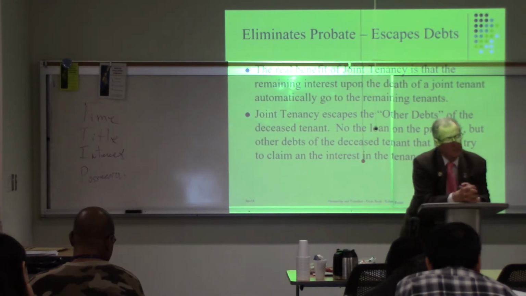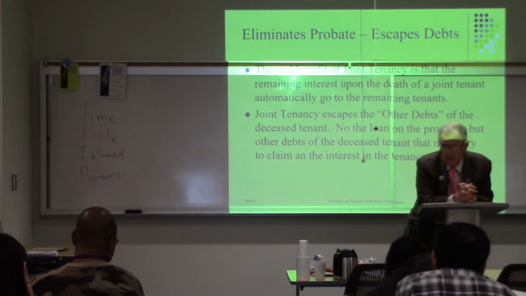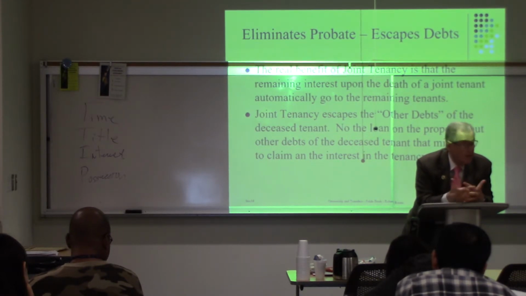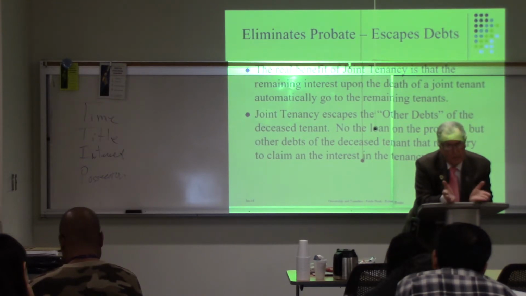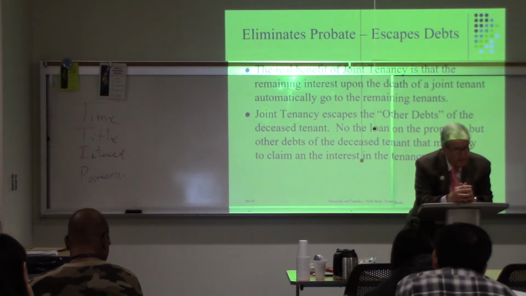How are you going to run into this? What's it going to mean to you in the real estate office? You're going to be selling homes to kids who are thinking about getting married but aren't married yet. You'll probably sell them a home in joint tenancy, that way if something happens to either one of them, it goes to the other one.